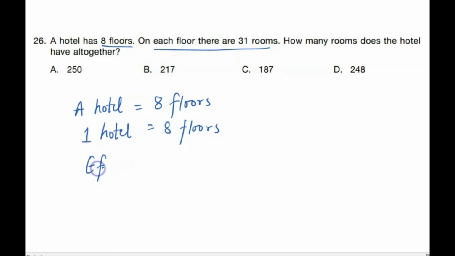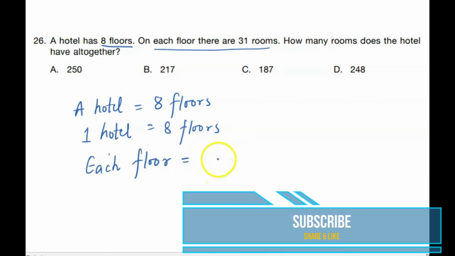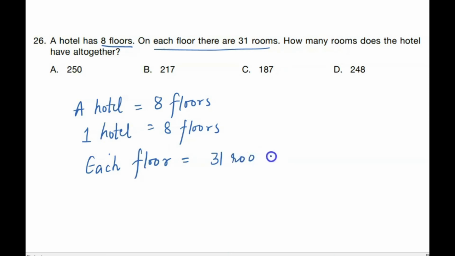Each floor is equal to 31 rooms. Each means one floor. One floor is equal to 31 rooms. How many rooms does the hotel have altogether?